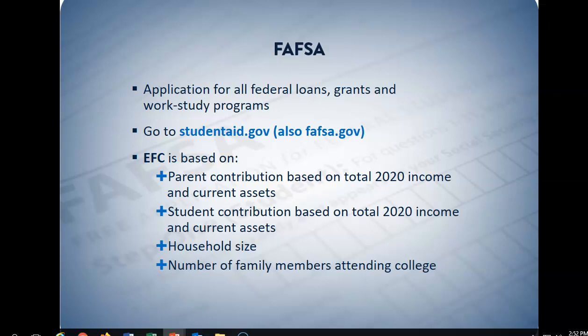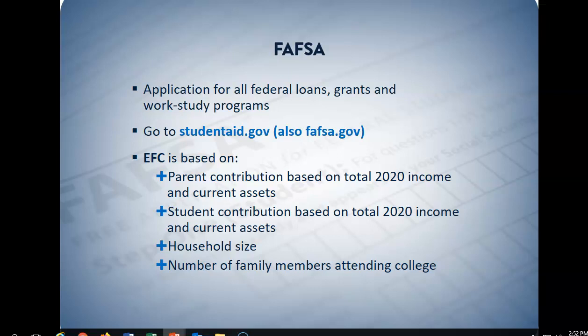Now, many schools also use that information to determine how much of their own money they're going to award, because it's a convenient way to gather information and to fairly and equally review students at the same time. In order to file the FAFSA, you need to go to studentaid.gov or the old website, fafsa.gov, which will also take you right to studentaid.gov.